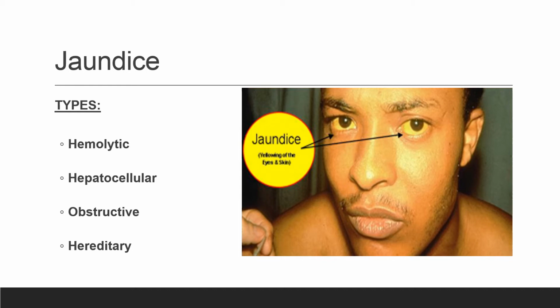In the hereditary type of jaundice, you will also see the person will complain of dyspepsia, intolerance to fatty foods. And when you look at their lab values, their AST, ALT will rise moderately, but the bilirubin and alkaline phosphatase will really become elevated.